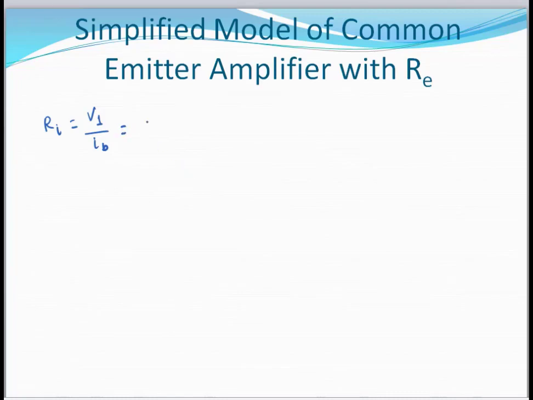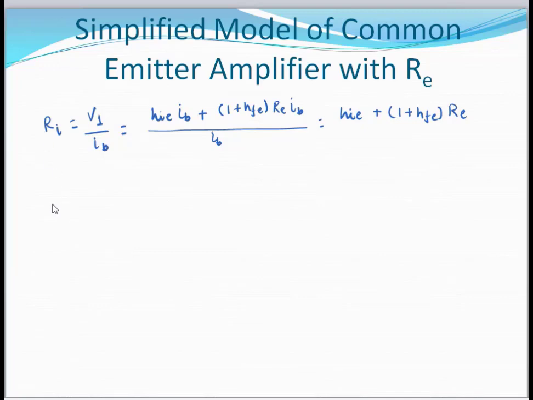So it is HIE IB plus (1 plus HFE) RE IB, by IB. So IB will cancel out from numerator and denominator. So finally we get RI is equal to HIE plus (1 plus HFE) RE.